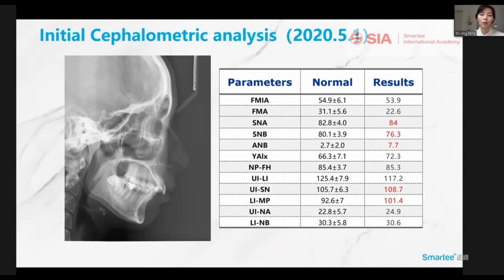So why is the ANB increased? Because the point B moved backward. That means the jaw position is translated backward. So according to the course, we should move the lower jaw forward, not move the upper incisor backward.